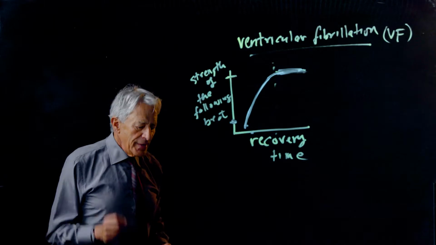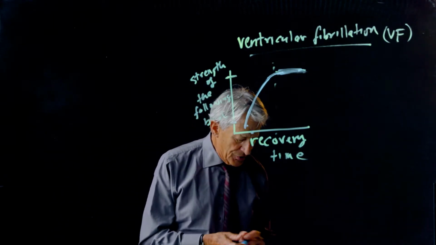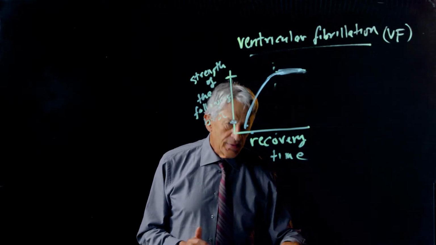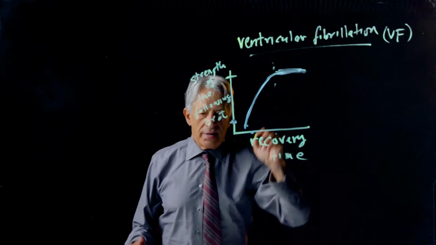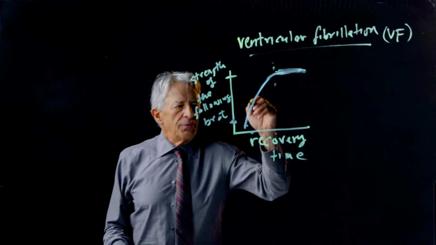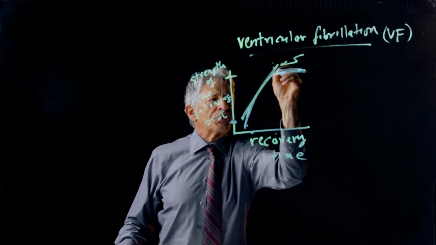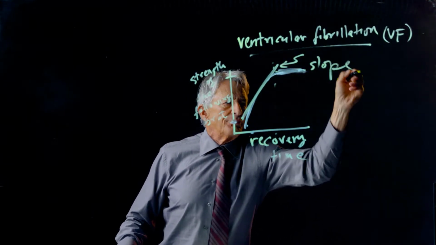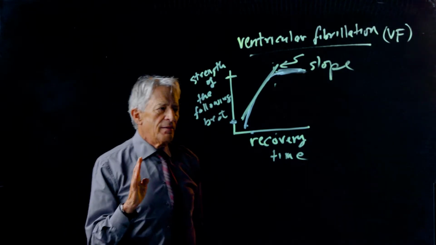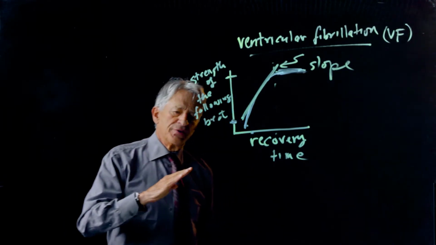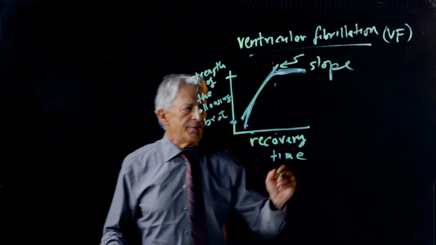Now, our mathematical analysis told us that the engine of instability here, as you will not be surprised to hear, is the slope of this curve. And the slope of that curve is the determinant of the kind of dynamics that you are going to see.